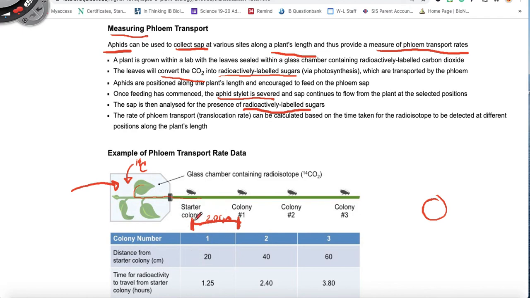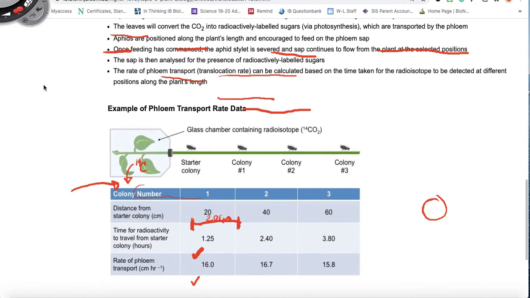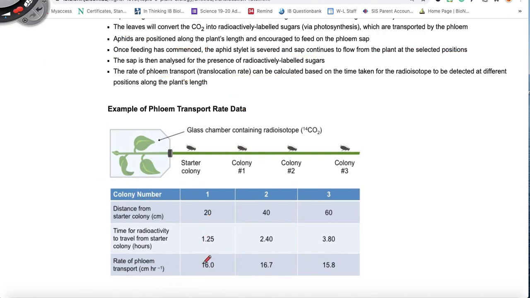So if this is 20 centimeters and it took 1.25 hours for the sap to travel from here to here, then you divide that and you get your rate, which will be 16 centimeters per hour.